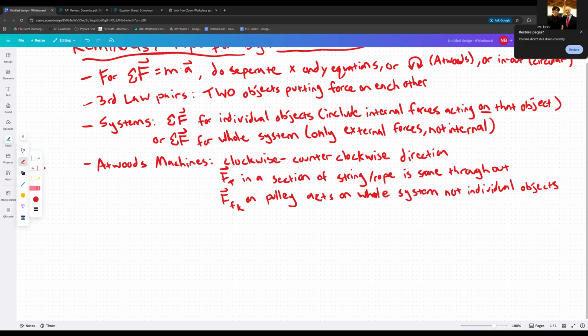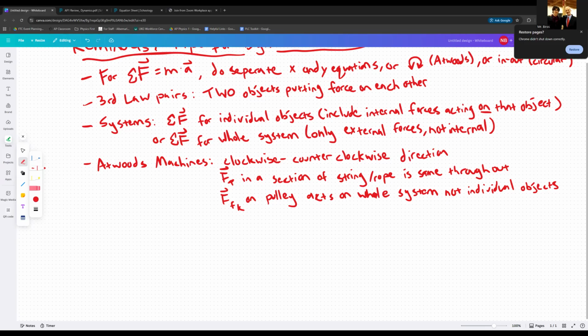And you're not always going to have friction, but if it did show up from the friction on the pulley, it would act on the whole system. Versus something like friction on the table, friction from a table could act on the individual objects by themselves. All right. I think that's mostly it for Atwoods.